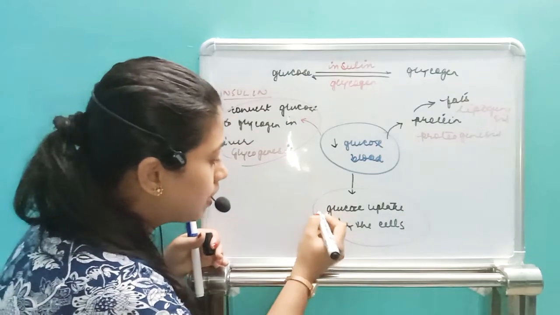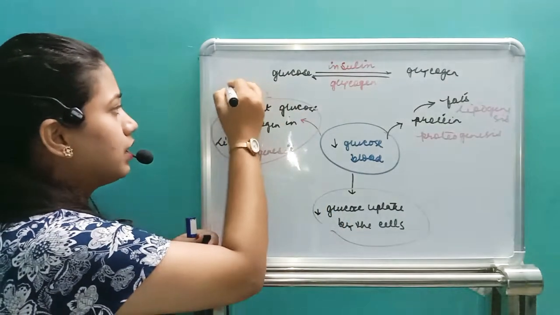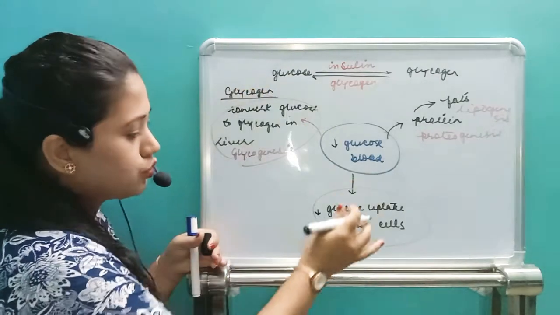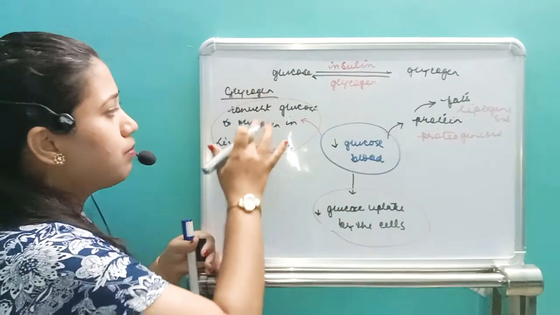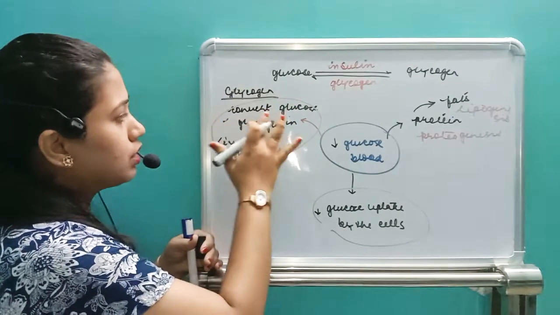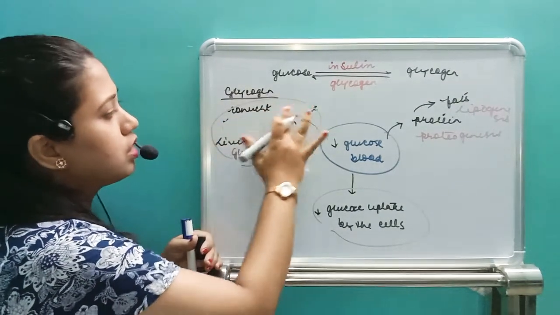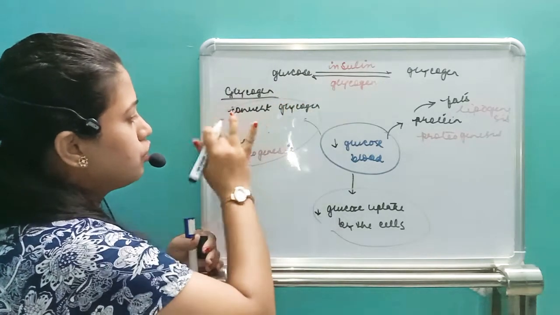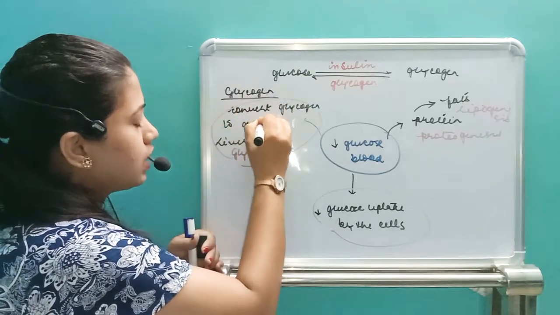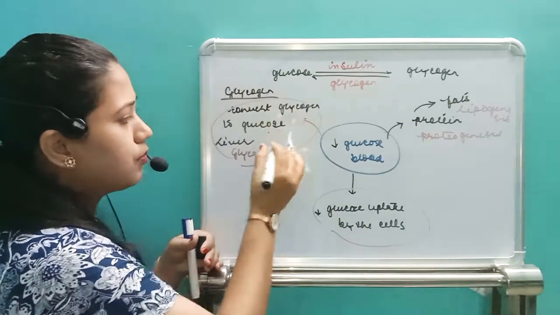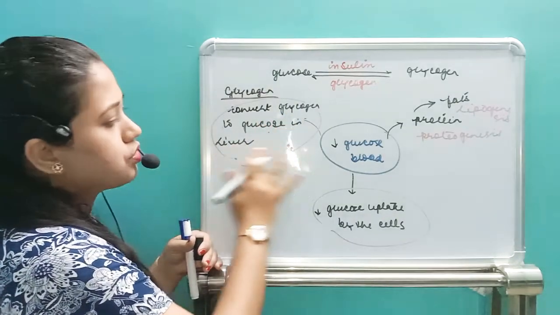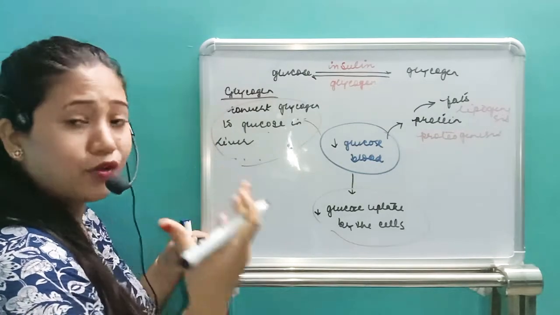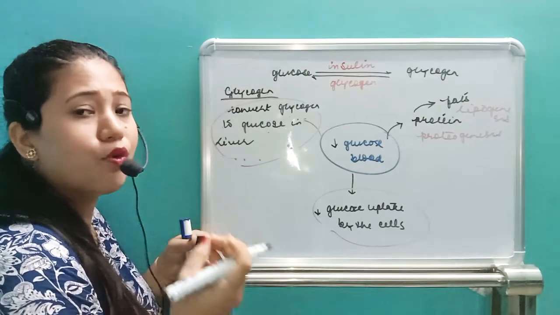It will be the glucagon which will decrease the uptake of blood sugar by the cells. It will break down the glycogen, it will convert glycogen to glucose in the liver. And this process where the glycogen is broken down to produce more glucose.